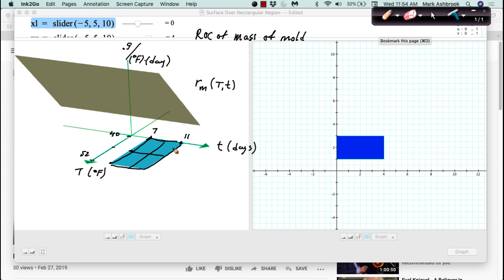So that's basically going to be the rate of change of mold mass times a change in temperature and times a change in time in days. And that's going to give us what? A little bit of change of mold mass corresponding to that change in time and that change in temperature, where the rate is the height.